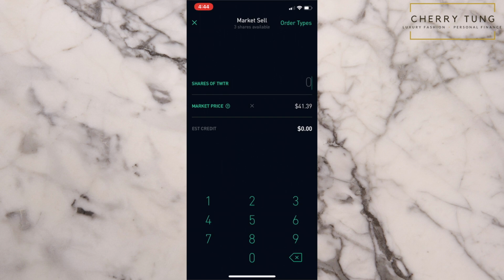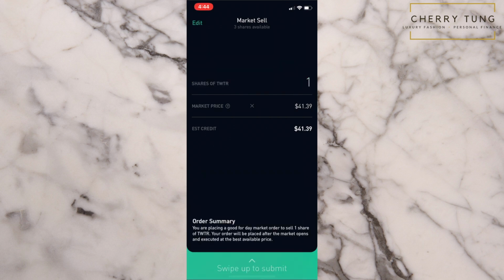Since I have 3 shares available, I can put in any number from 1 to 3. Let's say I want to sell 1 stock. This will be the market price, the amount of money that I will gain from this sale. I can review and swipe up to submit. So this is how you use Robinhood to sell stock. It is very, very easy.